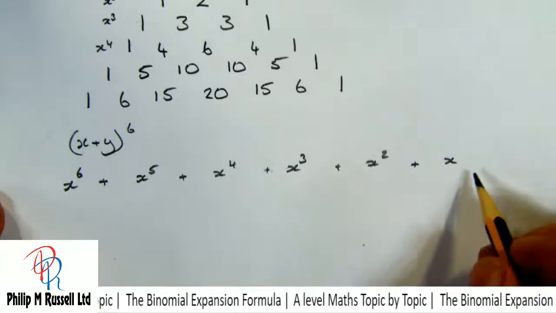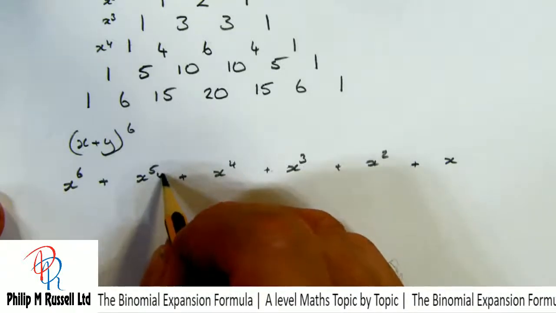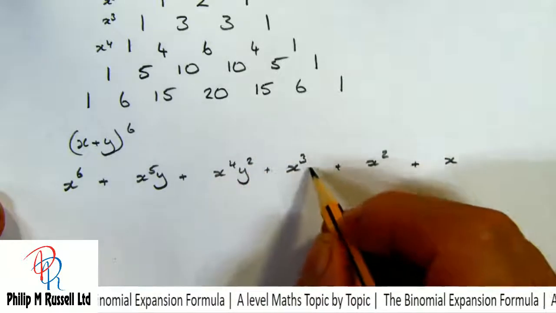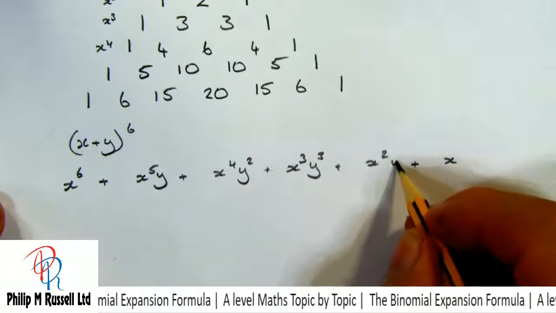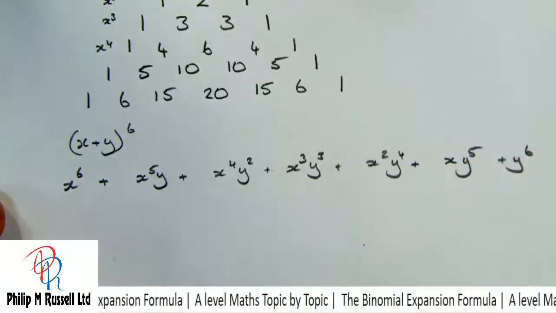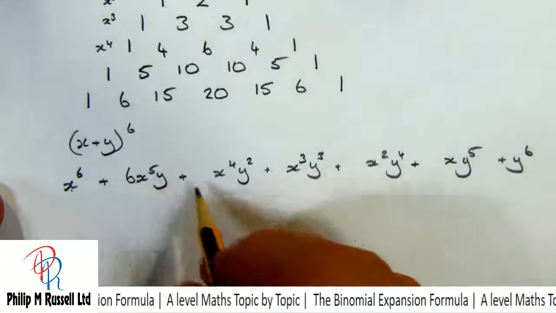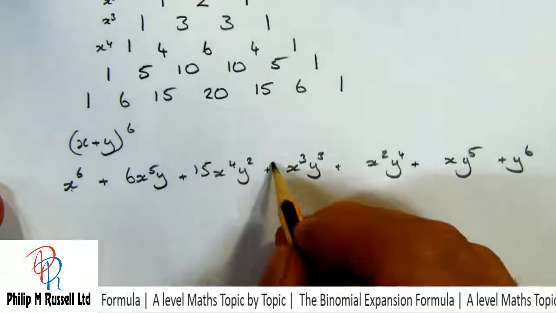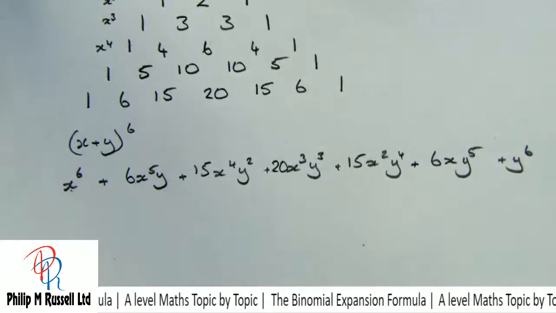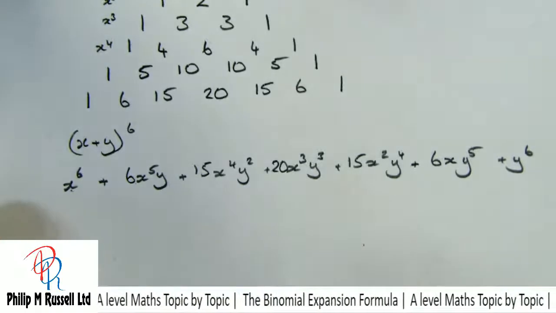And then for our y, this will be y, this will be y squared, this will be y cubed, y to the 4, y to the 5, plus y to the 6. Now let's put these numbers in: 1, 6, 15, 20, 15, 6. And I have expanded that little function.